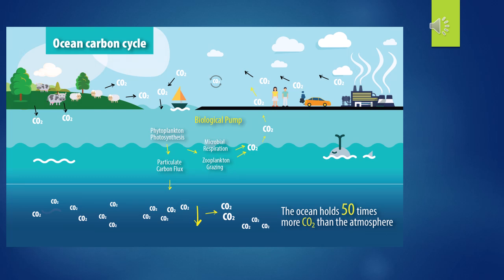But we also have CO2 released back to the atmosphere by respiration, both by microorganisms and by both producers and consumers. But in general, the oceans hold way more CO2 than the atmosphere, and that is because water has a good capacity for binding CO2.